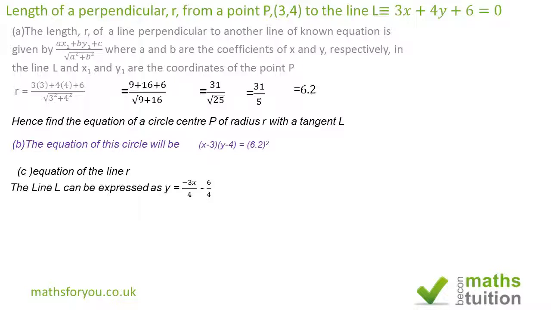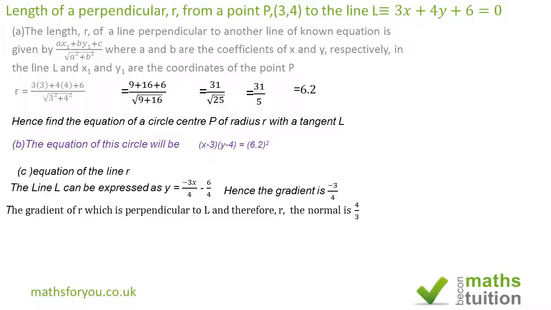Because we know the gradient of line L, we can find the gradient of line R, and that will give us 4 over 3. We can now find the equation of line R by doing y minus 4 over x minus 3 is equal to 4 over 3.